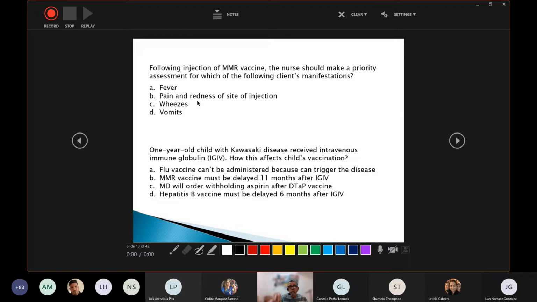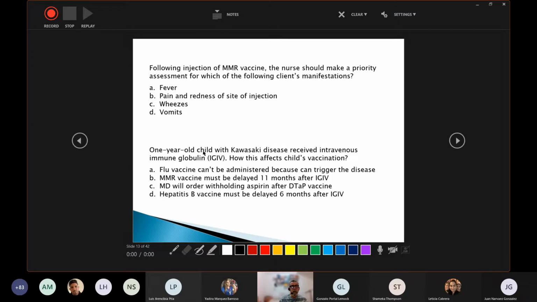Some people eat shrimp and develop anaphylaxis. Some people eat peanuts and develop anaphylaxis. Some people receive a Tylenol and develop anaphylaxis. The same happens with the vaccine, so have in mind that anybody could have an allergic reaction to any vaccine.